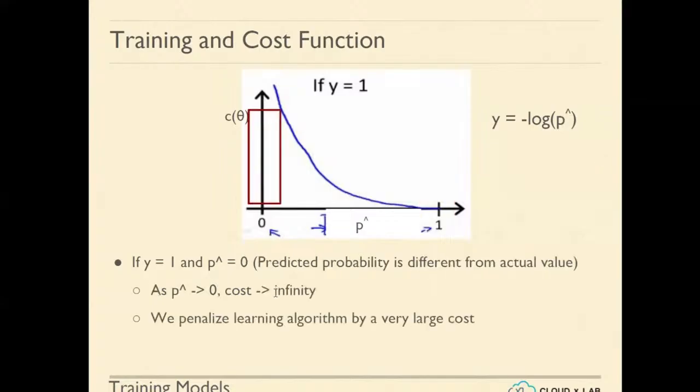So if p hat is 0, the model is completely wrong. The model is predicting with very high confidence that it's a negative class when actually the input belongs to the positive class, so we will get a very high value as the cost function, because here we are taking minus log p hat.